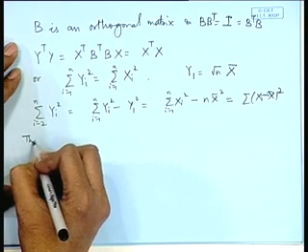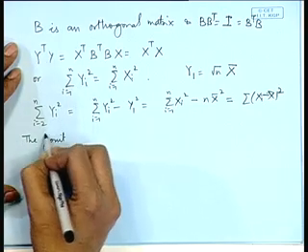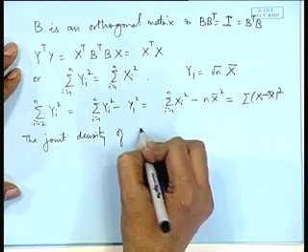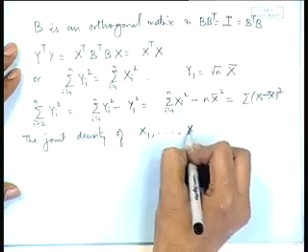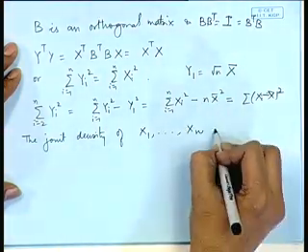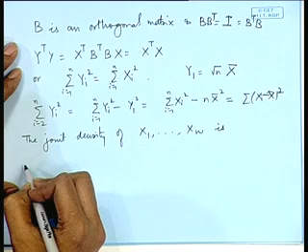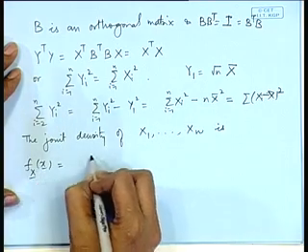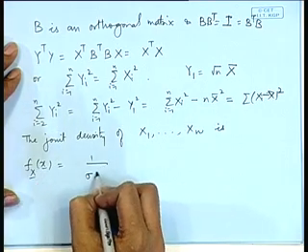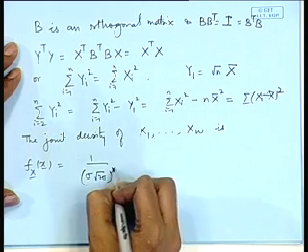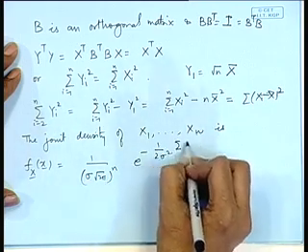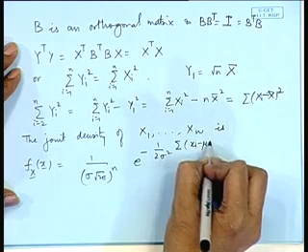Firstly, we write down the joint density function of x1, x2, ..., xn. Each of these xi's is a normal mu, sigma square variable. So, that distribution we write as 1 by sigma root 2 pi to the power n, e to the power minus 1 by 2 sigma square sigma (xi minus mu) whole square.